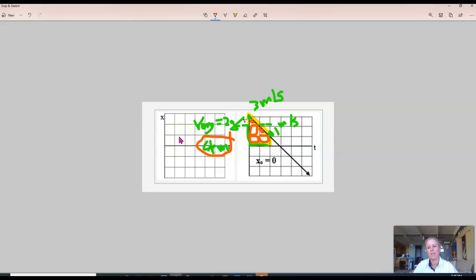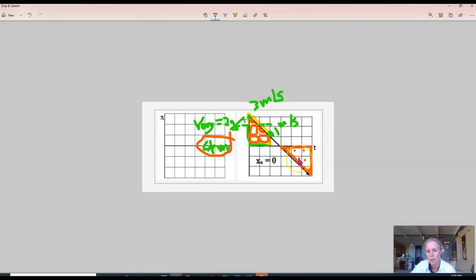The coolest thing about this is I'm giving you another way to calculate displacement. Displacement can be calculated, just like we did before, by finding the area between the data and your time axis.